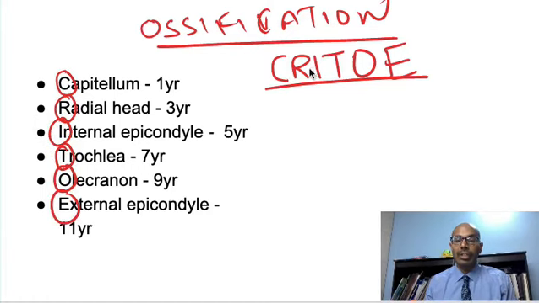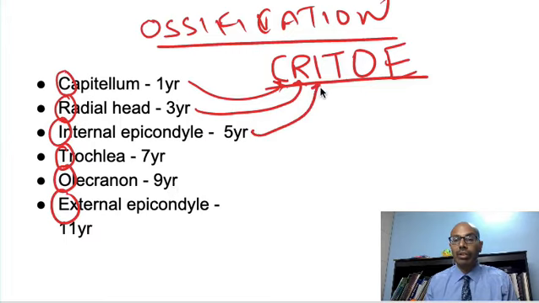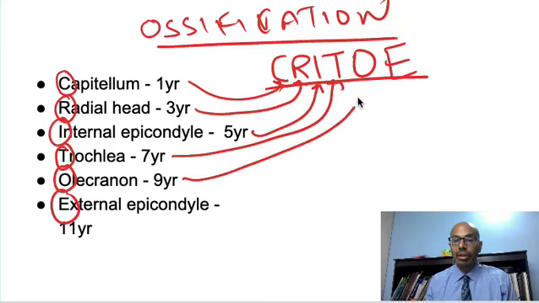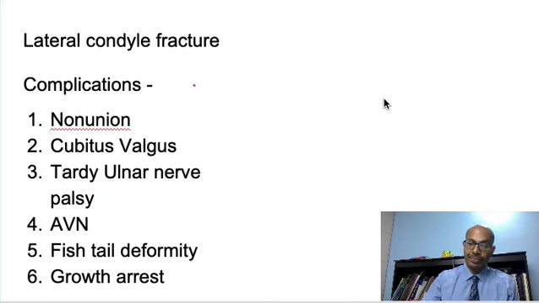C for capitellum appears at 1 year of age, radial head at 3 years. So it's all odd numbers: 1, 3, 5, 7, 9 and 11. Internal epicondyle or medial epicondyle appears at 5 years, trochlea at 7 years, olecranon at 9 years, and external epicondyle or lateral epicondyle at 11 years.